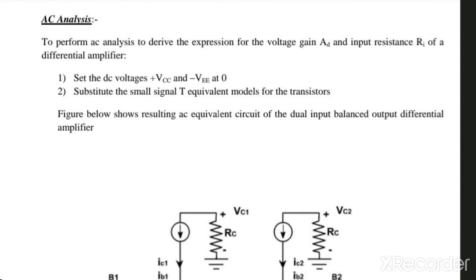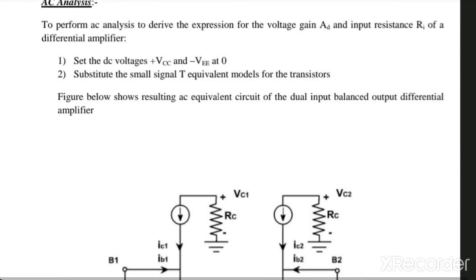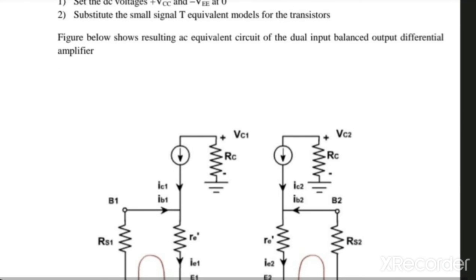To perform the AC analysis, set the DC voltages plus VCC and minus VEE at 0 and substitute the small signal T equivalent models for the transistors. The AC equivalent circuit of dual input balanced output differential amplifier is shown here.